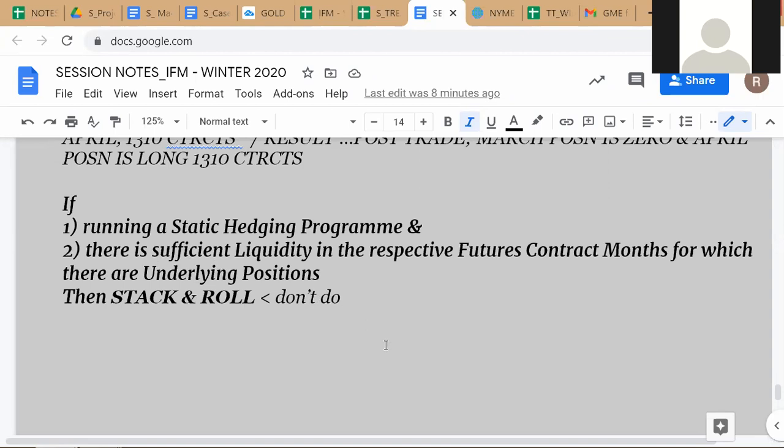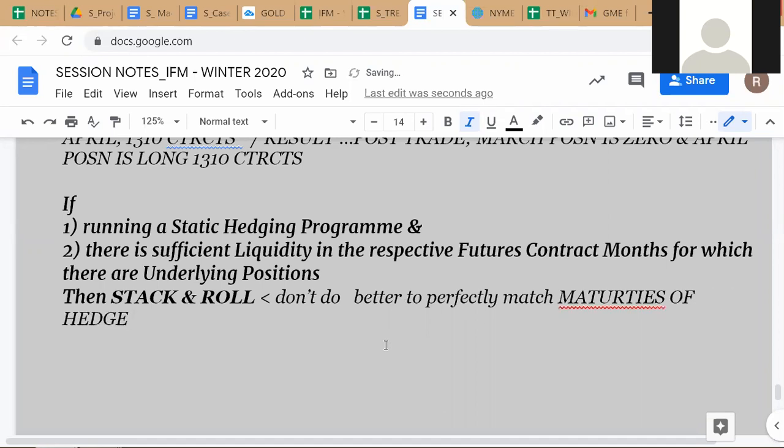It is better to, so let's do the alternative, better to perfectly match maturity of hedge and underlying positions.